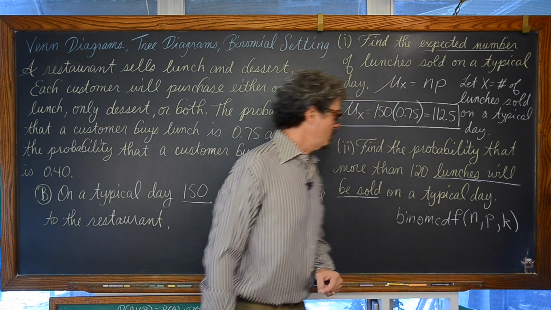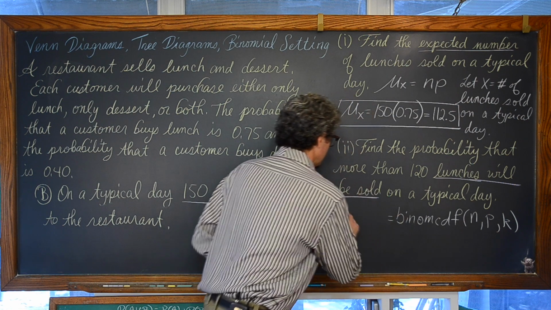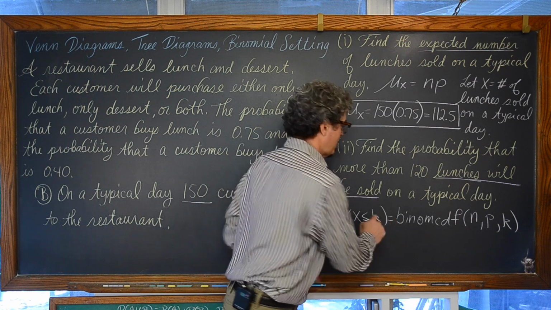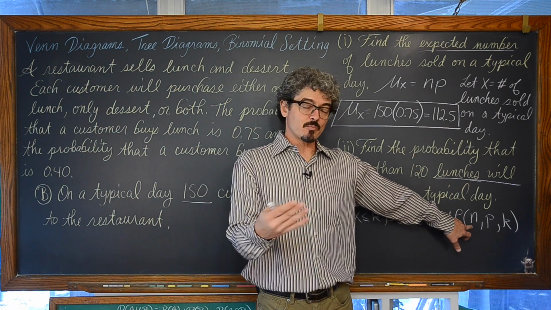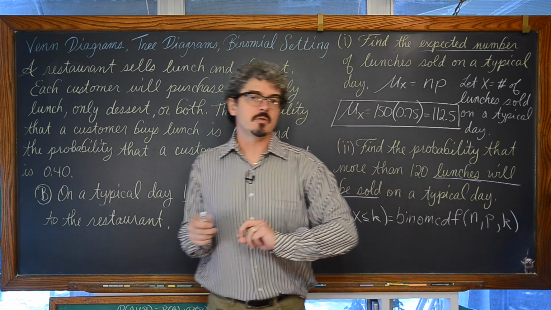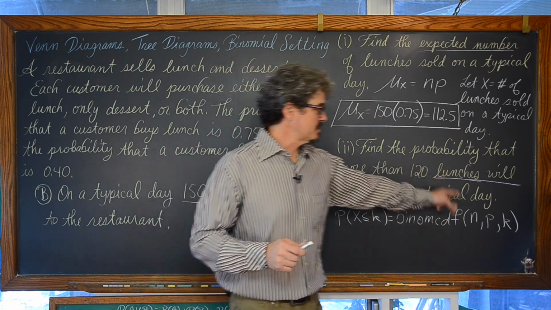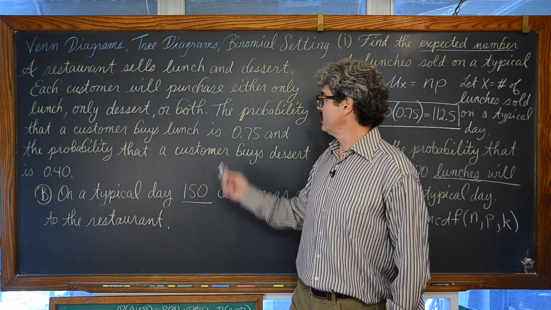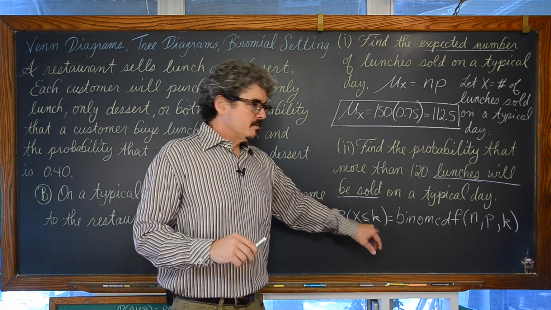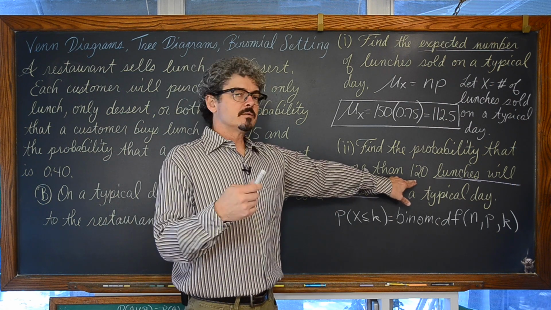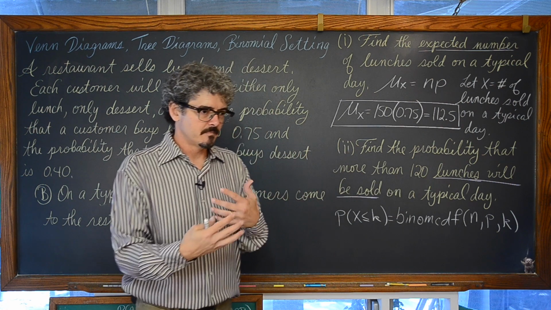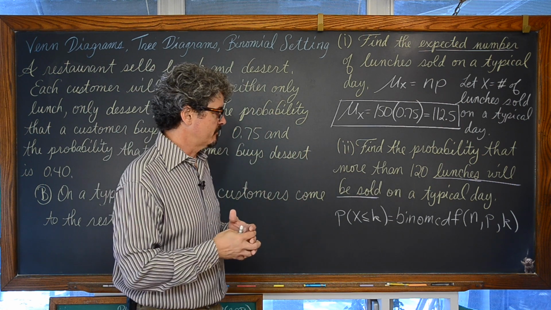This command will give the probability that x is less than or equal to some k. So n is our number of trials, the 150 customers coming into the restaurant. p is our probability of success, here them buying lunch, so 0.75. And k is the number of successes that you're looking for.